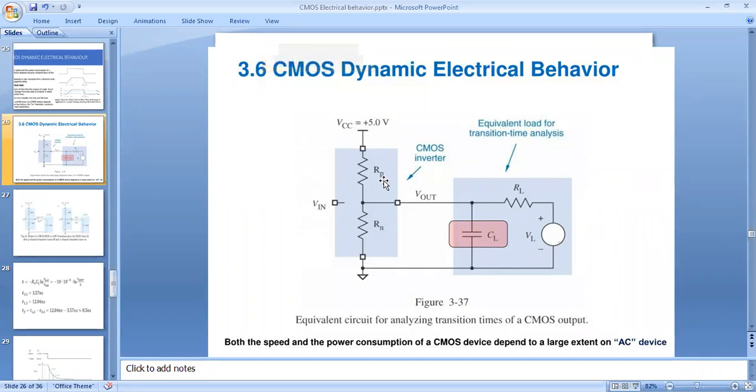The output load forms with 3 components: RL, VL and CL. Already I told you RL and VL are represented as DC load.